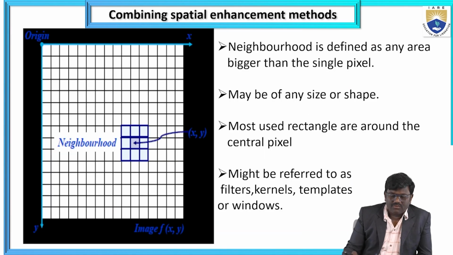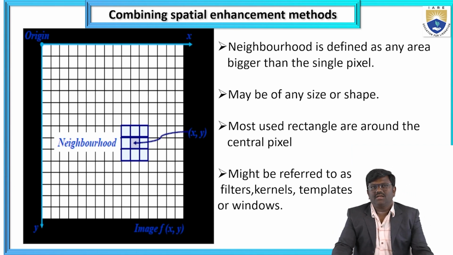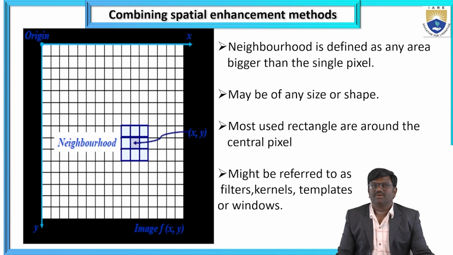Here we want to understand the meaning of combining spatial enhancement methods and how we can define them. We are concentrating on one principle, which we call the neighborhood pixel comparison principle. The neighborhood pixel is handled with the help of an objective function with respect to x and y coordinates.